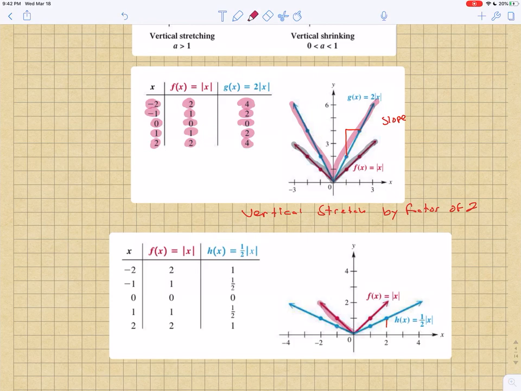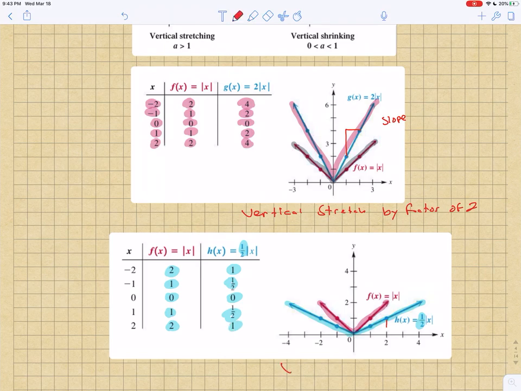Again, here is the original function in red, but this time we have a vertical shrink of a half. So all my y values are half of what they were originally. So here's my original y value, it's half. Here's my original y value, it's half. My original y value is 1, I get half. My original y value is 2, I get 1.